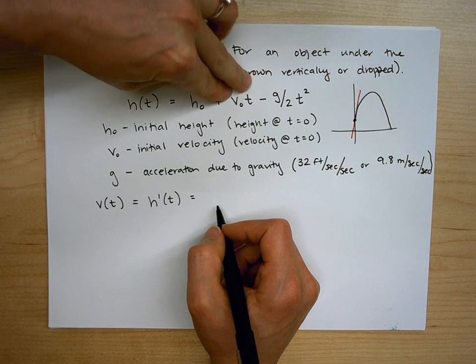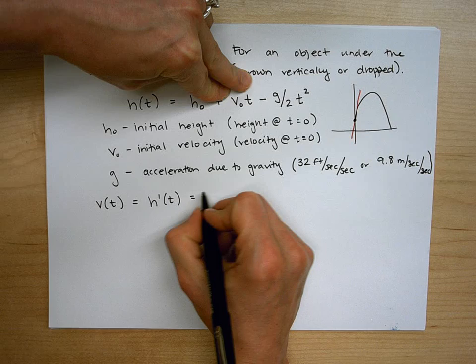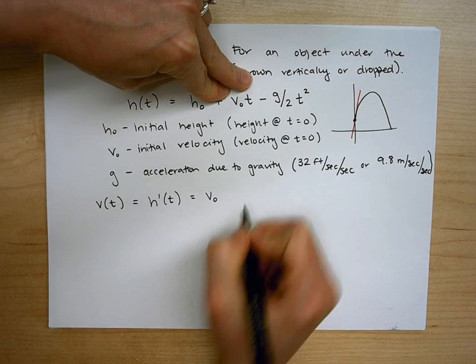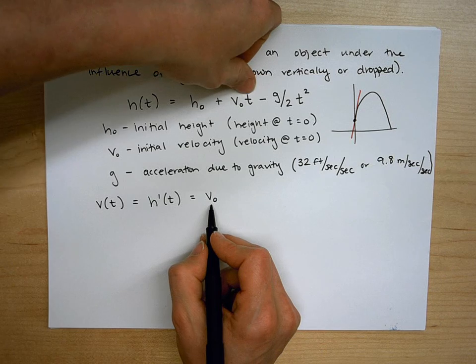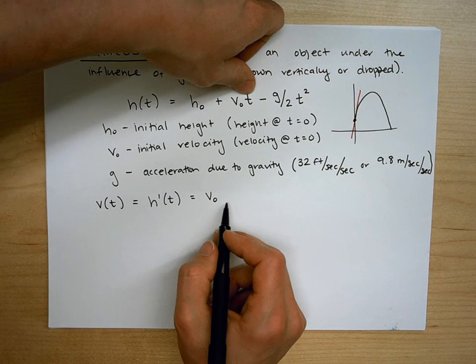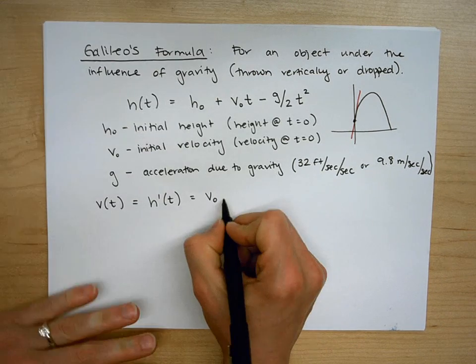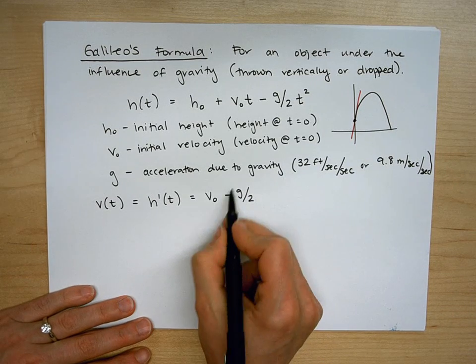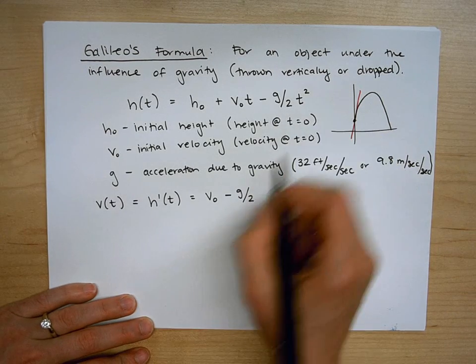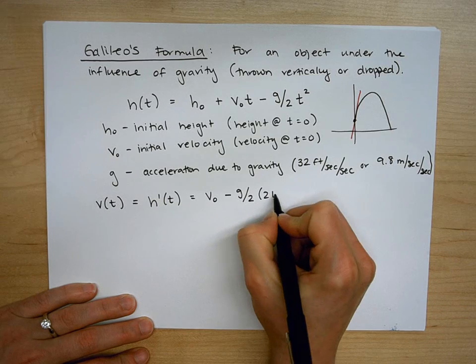For the derivative of v naught t, we can think of the constant multiple rule. That's a constant, so we can pull it out in front. The derivative of t with respect to t would be 1. So I would just have v naught minus g over 2, because again that's a constant, and the derivative of t squared is 2t.